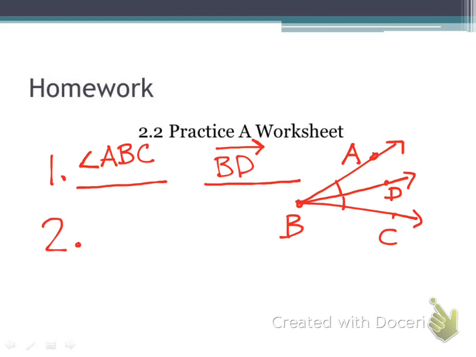Number 2 is a hard one. Number 2 says the measure of angle ABC is blank the measure of ABD. So let's talk this over. Basically, the big angle is blank the measure of one of the little angles.